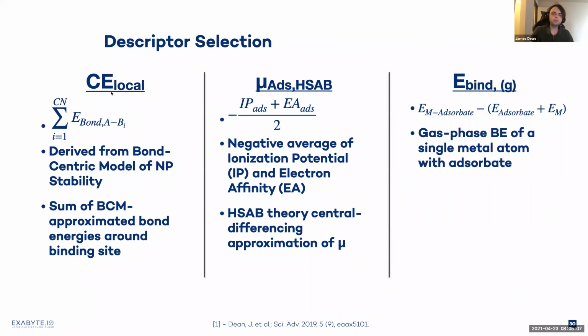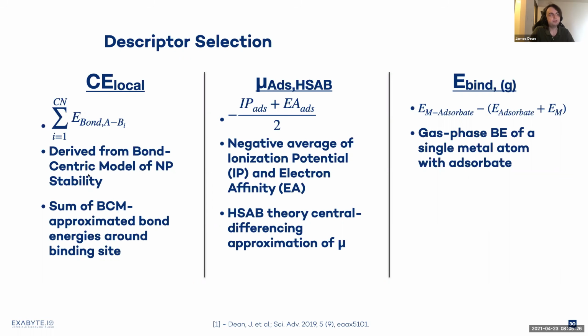So the CE local descriptor is essentially derived from the bond-centric model of nanoparticle stability that they took and actually applied to this problem. Under the bond-centric model, there's an approximation for the bond energy of any bond in a metal nanoparticle.